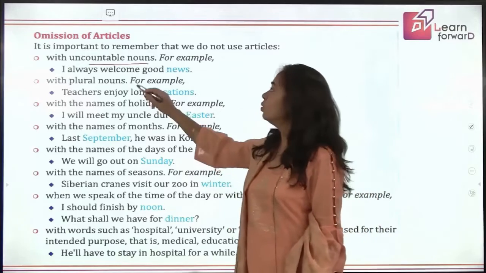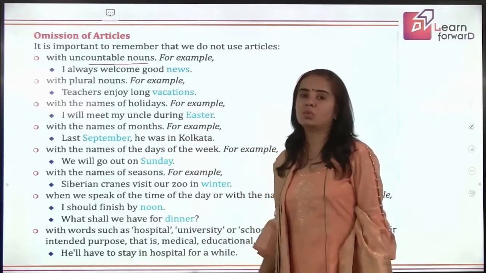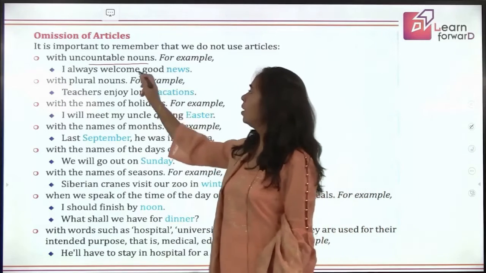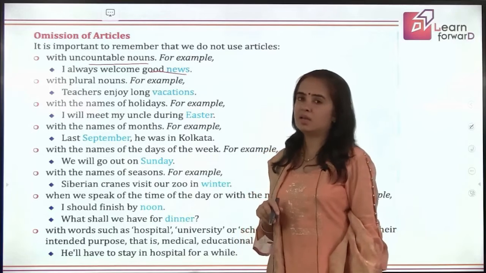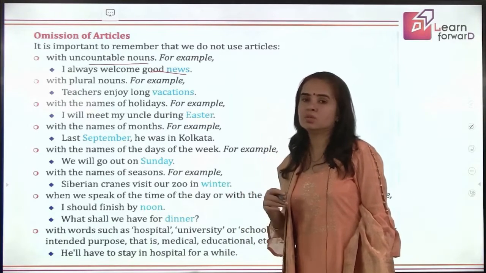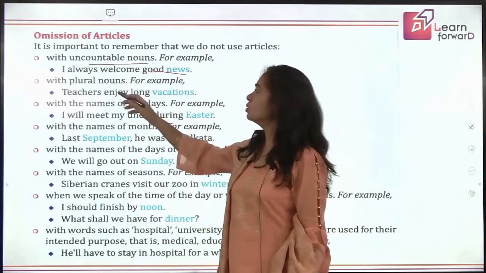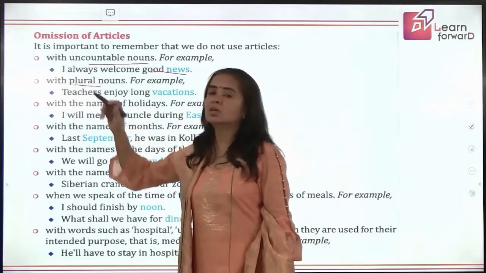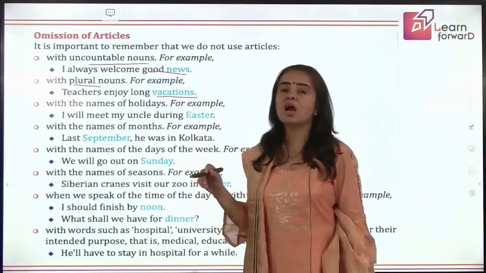We do not use articles with uncountable nouns, right? So news is not countable, so I'm not using an article with it. I just say that's great news. Now I always welcome good news. Now with plural nouns, teachers enjoy long vacations. Will not be using an article here.